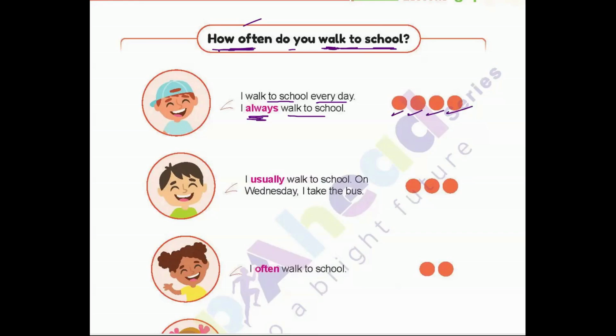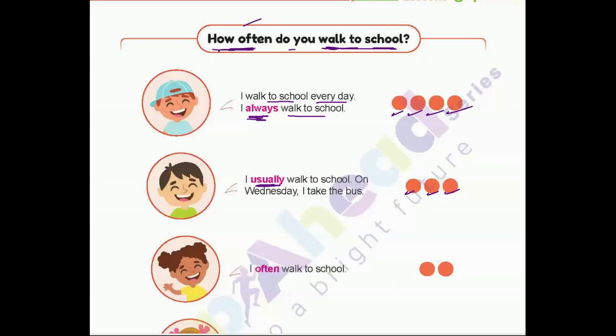Okay, another case, if I repeat the action many times, but maybe one time I didn't do this action. For example, I can use usually, which means I'm doing this action many times, but maybe only one time I stop doing it.